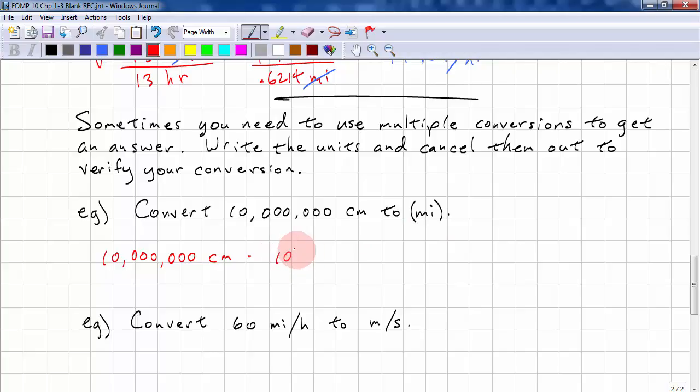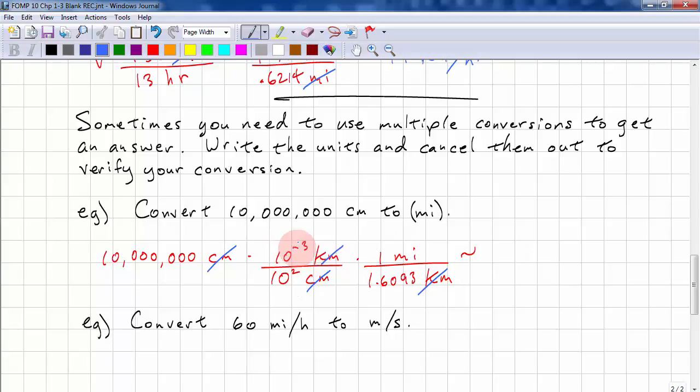So this is 10 to the negative 3 kilometers in 1 meter, and we also have 10 to the 2 centimeters in a meter. Then we have to multiply by 1 mile. Kilometers goes in the bottom, so this is 1.6093 kilometers. And we cancel out centimeters, we cancel out kilometers, and we end up with miles.